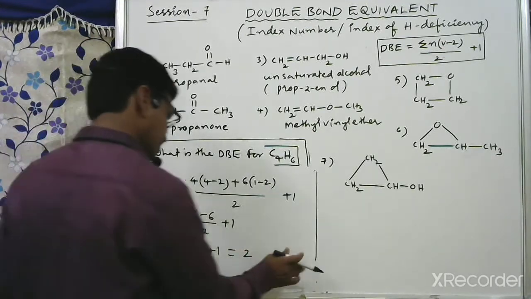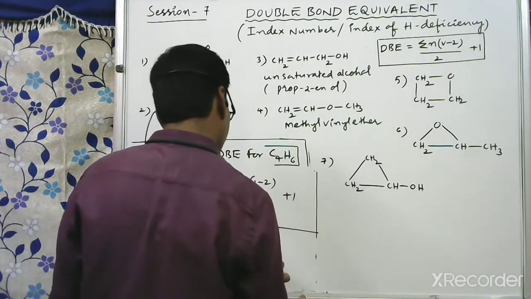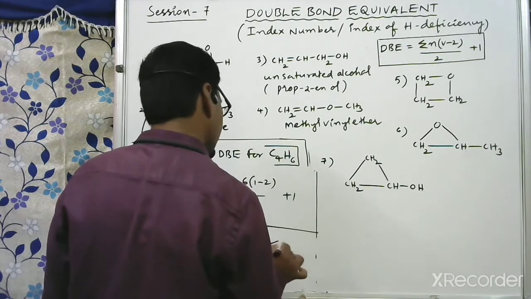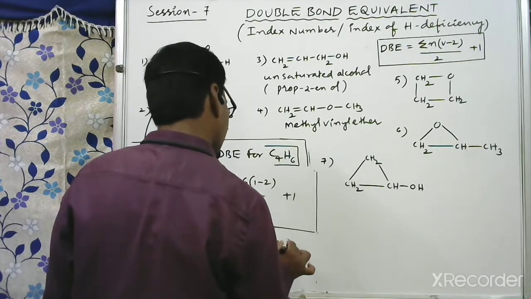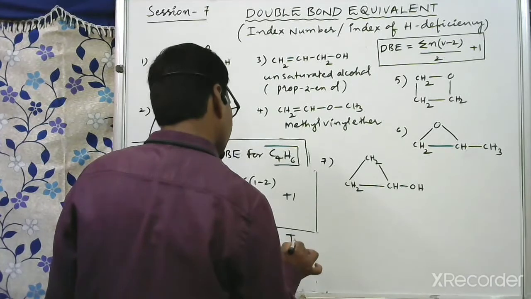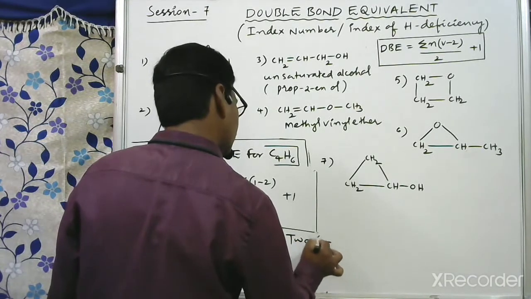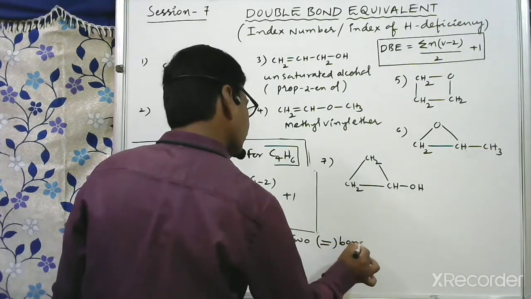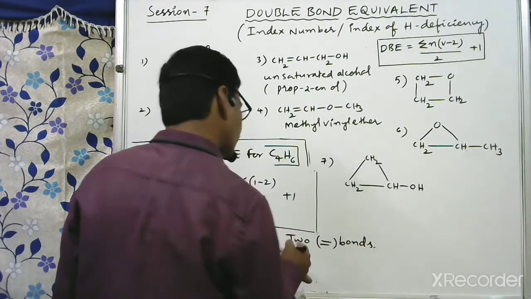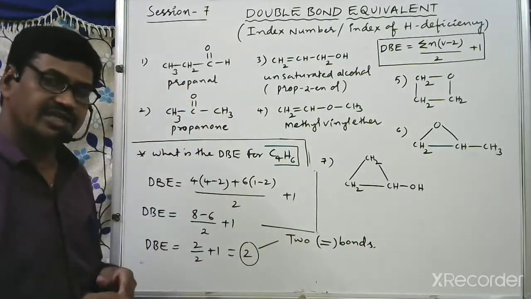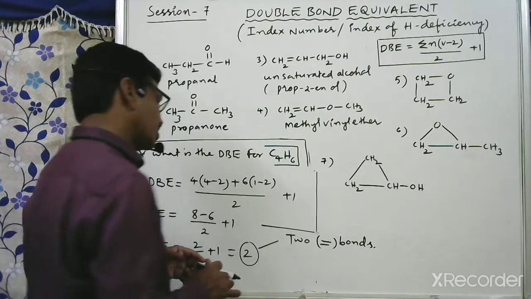So what does it mean? How can we use this? From this we can expect two double bonds. So by using two double bonds, you have to try writing the structure.